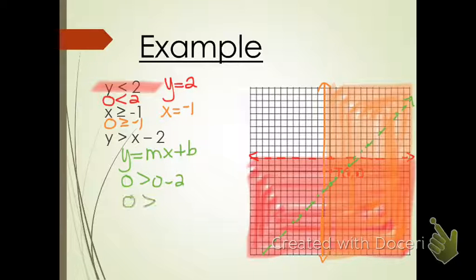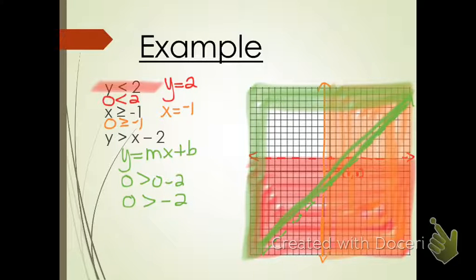And I get 0 is greater than -2, which is true, which means I shade on the side of my test point. So all of these points above and to the left of the green line are part of the third inequality.